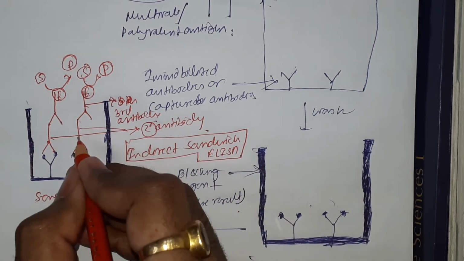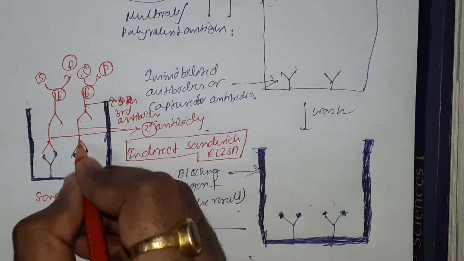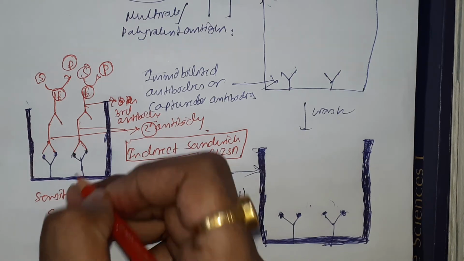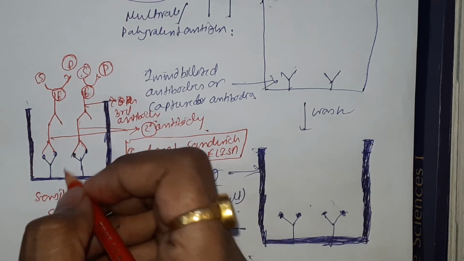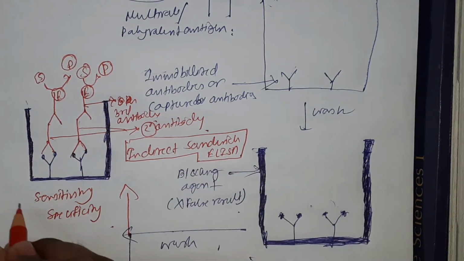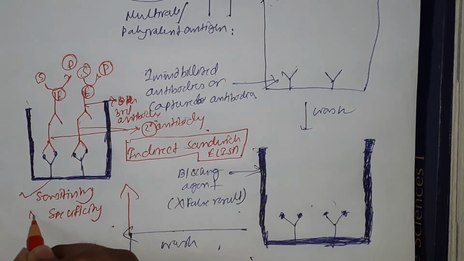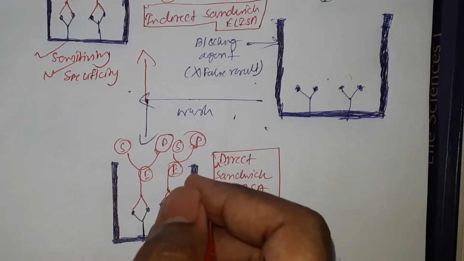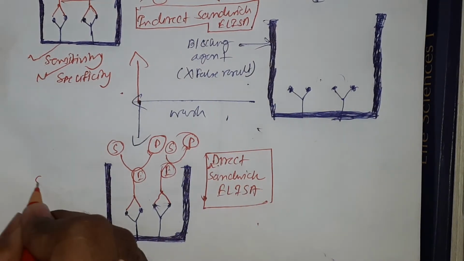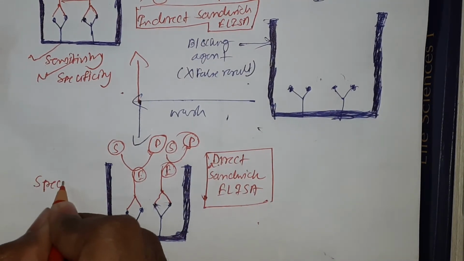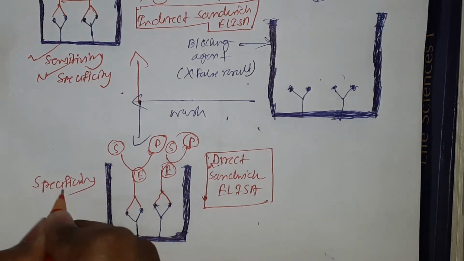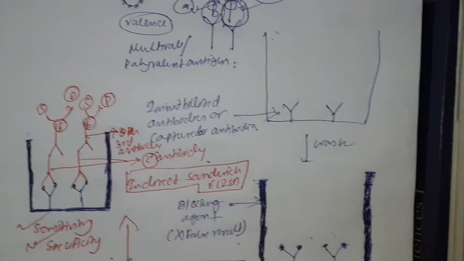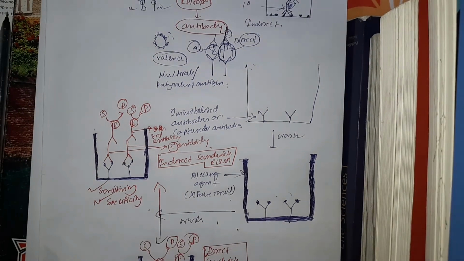But here the secondary antibody only plays the role of a connecting bridge between the enzyme linked antibody and the antigen. That is why indirect sandwich ELISA ensures both sensitivity and specificity. But direct sandwich ELISA only has the ability to ensure specificity but not sensitivity. So that is the overall idea for today's class, that was about sandwich ELISA.